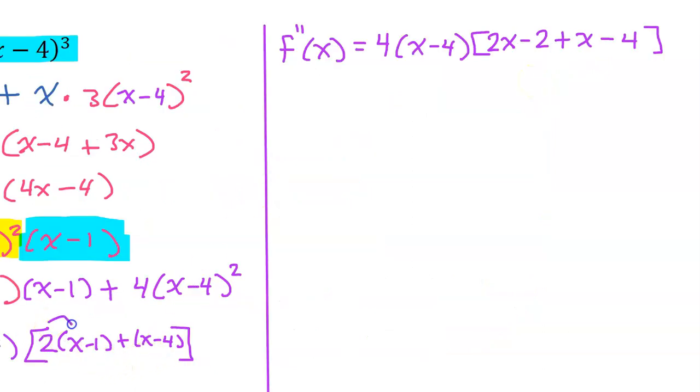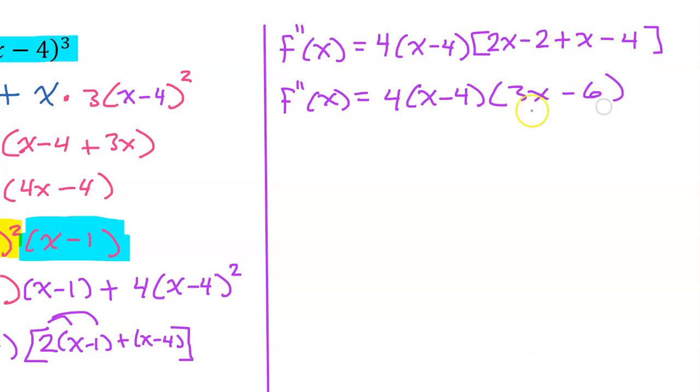I distributed the 2 and I got this. Now let's just combine like terms here. So I've got f double prime of x is equal to 4 times x minus 4 times 2x plus x is 3x, negative 2 and a negative 4 make negative 6.